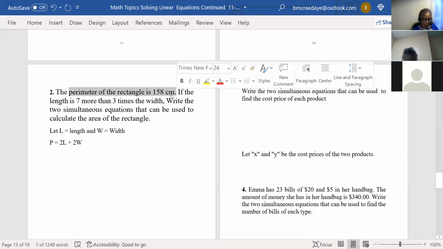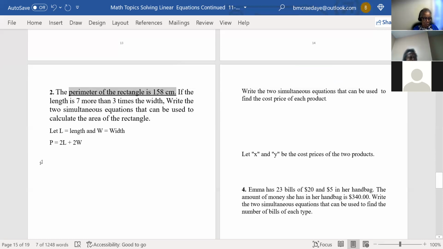That's right. So we put in our 158, that's our perimeter, that's equal to 2L plus 2W.